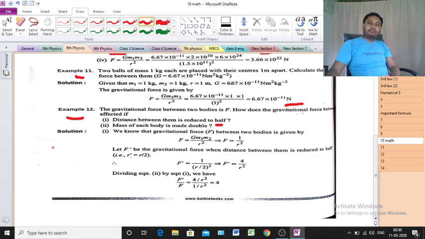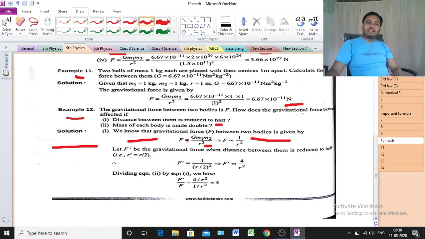Now see the solution. We know the gravitational force F between two bodies is given by F equal to G m1 m2 by r square. I hope it is clear. Do you all know this?